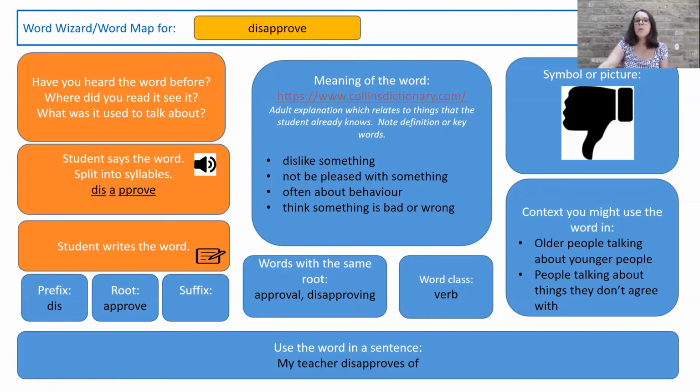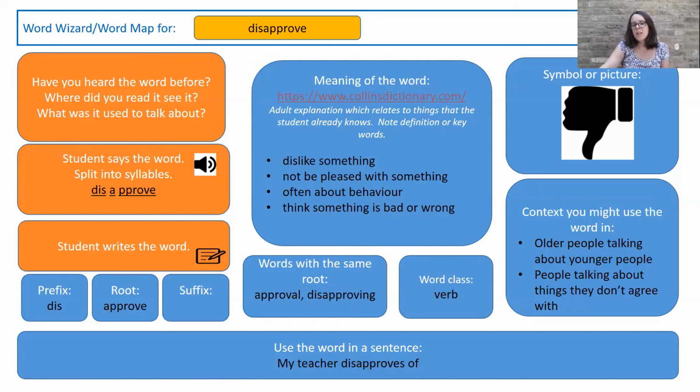So sometimes you might want to give them a sentence starter. So for example here, my teacher disapproves of, and that might be something they can think about. Well, what does your teacher not like doing or you doing, or what are the things that your teacher doesn't agree with?